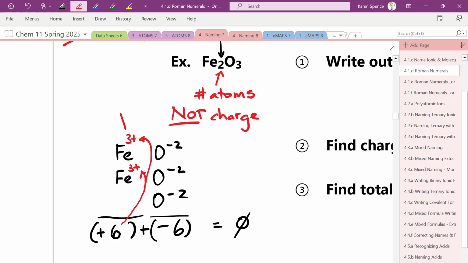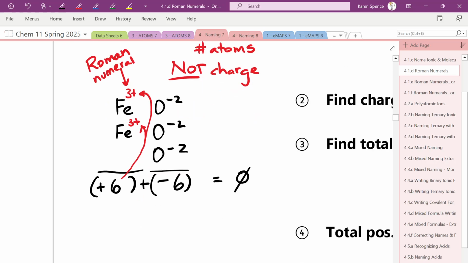And remember, this number right here, that is going to be your Roman numeral. Okay, so we're going to have then iron, Roman numeral 3. And then, of course, what do we do with the ending? Oxide. Okay? Straightforward enough?